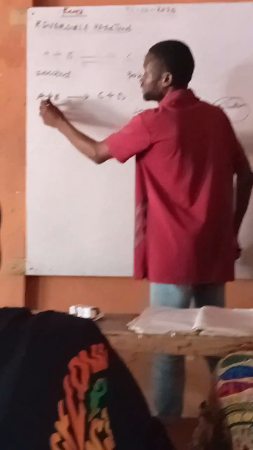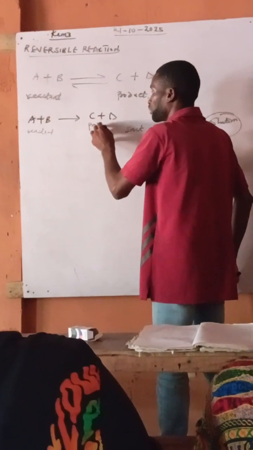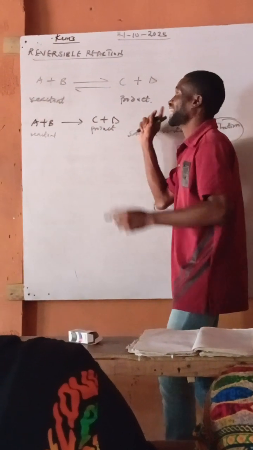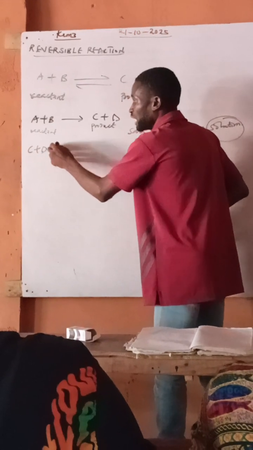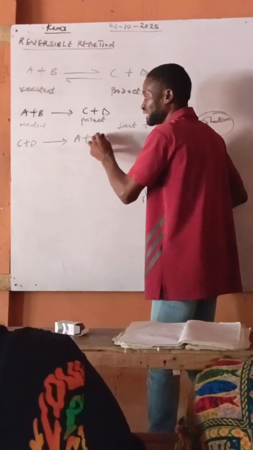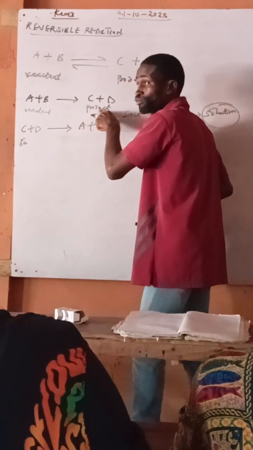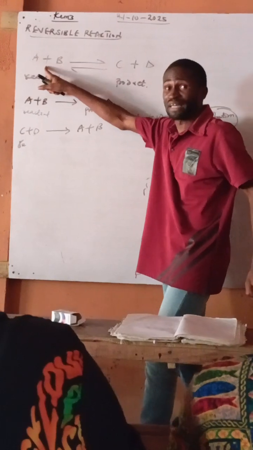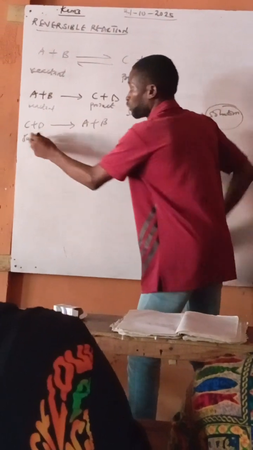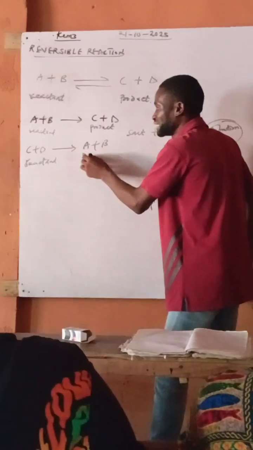At this point this is reactant, then this one is what now? But once the reaction is going towards this side, it's not going to be C plus D, it will now give me A plus B. So I'm saying that this one that was product, if I want to go backward to produce the starting substances, then this C plus D will become my reactant.